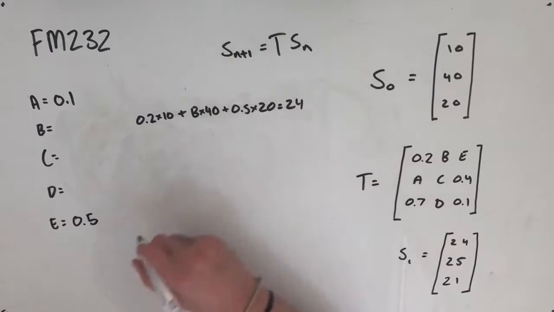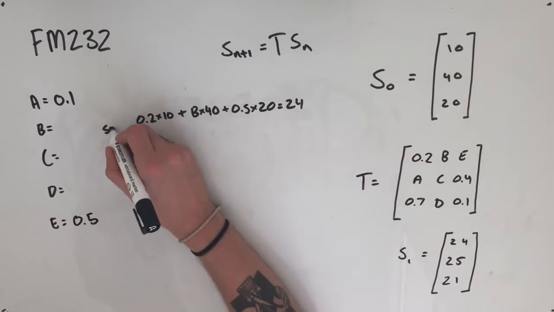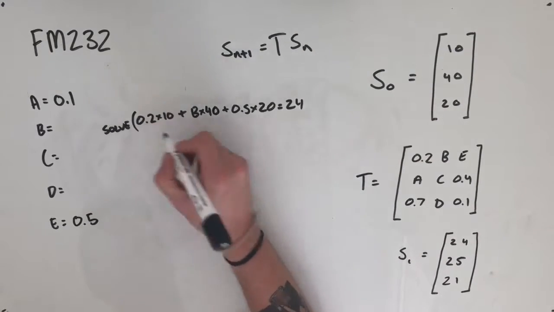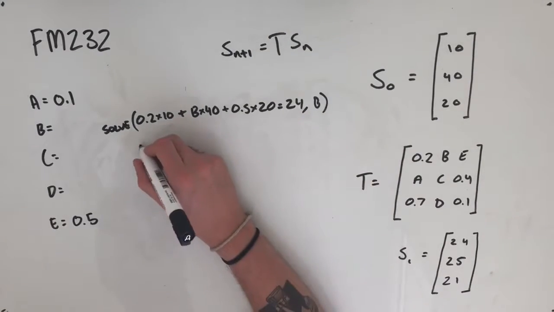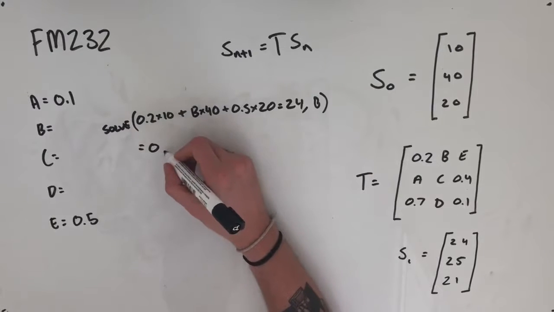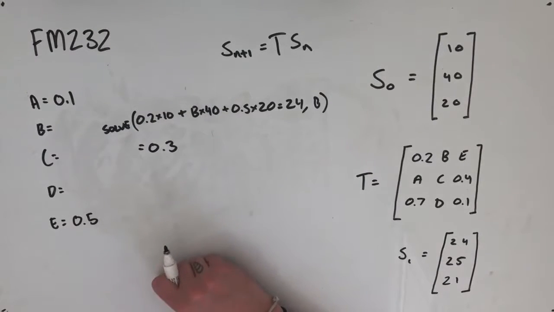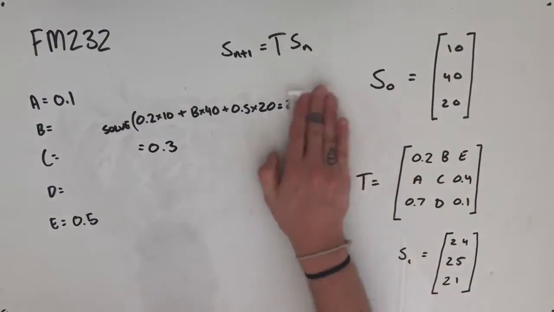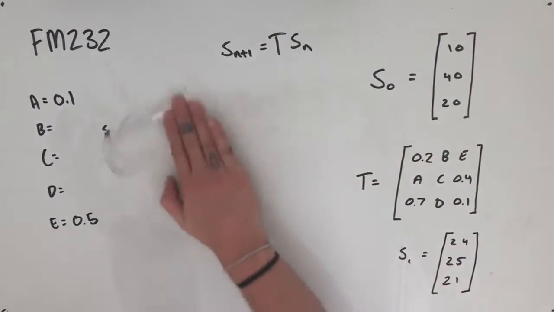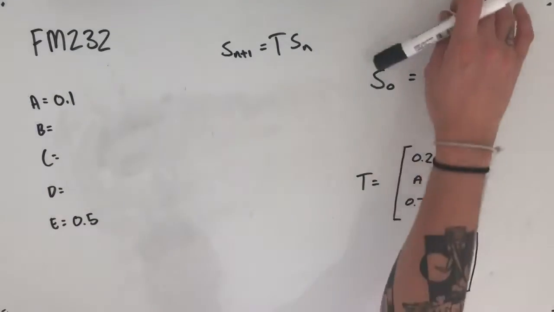We can plug it into our calculator in solve and ask it to solve for that value of B, and we should get an answer of 0.3. So now we have a value of B, and we can use this same method with C and D also.